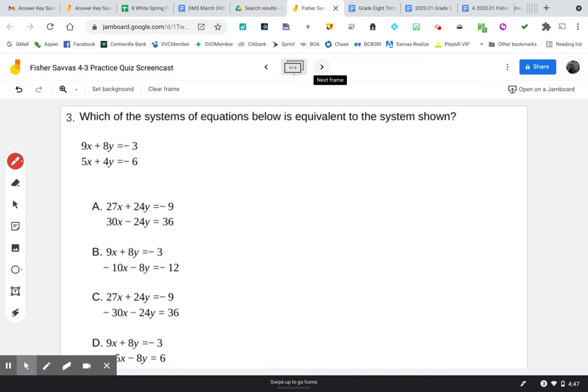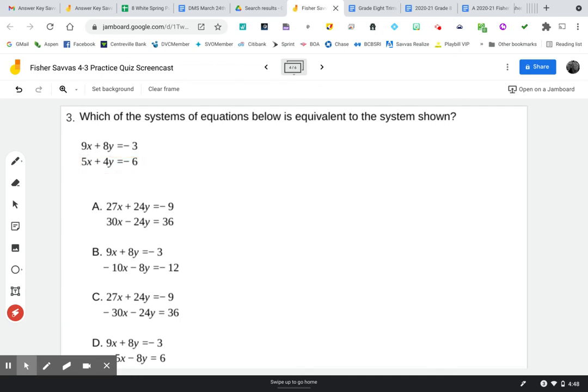So problem 3, which of the systems of equations below is equivalent to the system shown? All right, so we have this system of equations, 9x plus 8y is equal to -3, and 5x plus 4y is equal to -6.